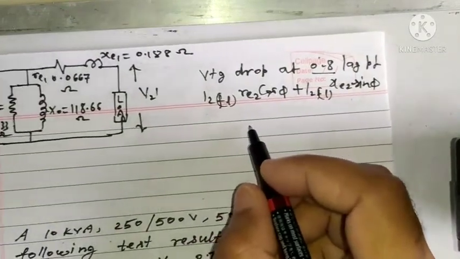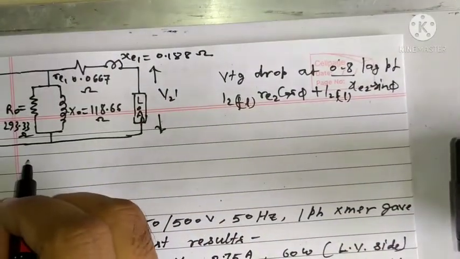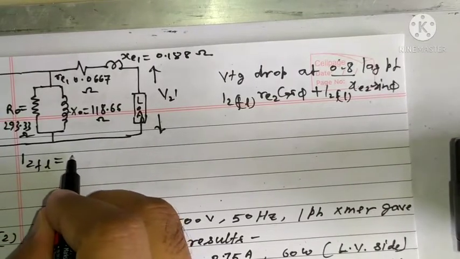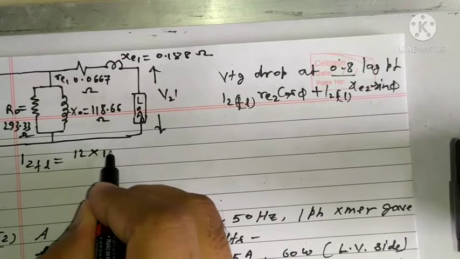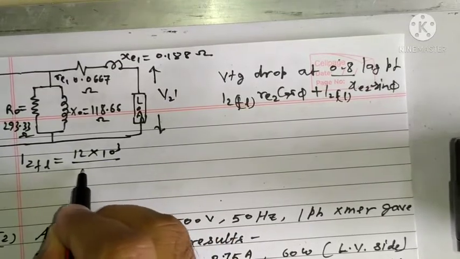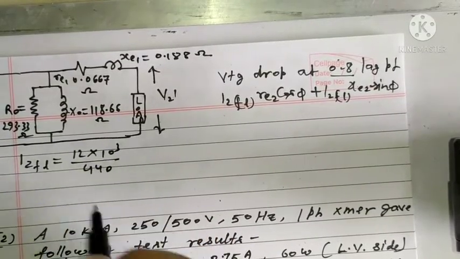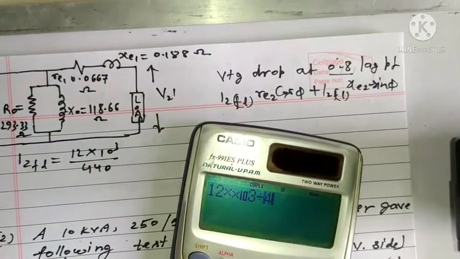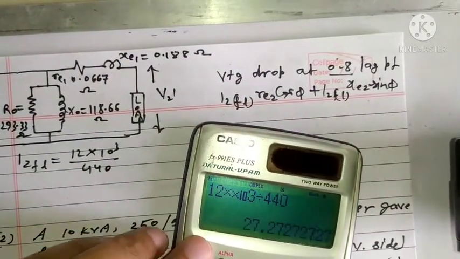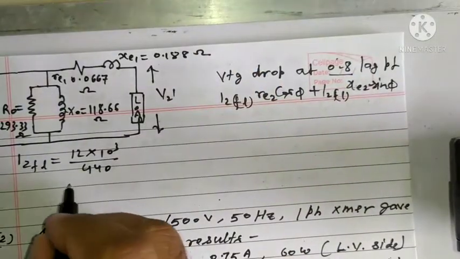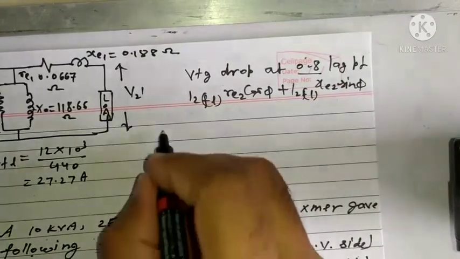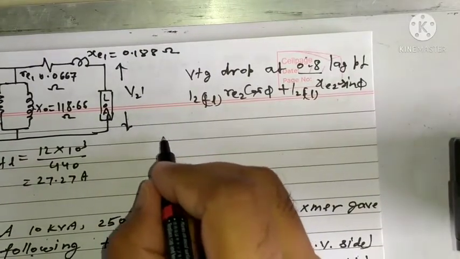I2FL is the secondary full load current, 12 kVA divided by 440, so it comes as 27.27 ampere.